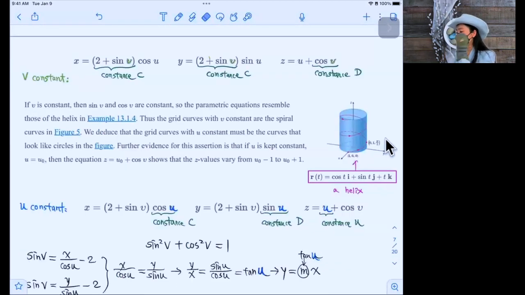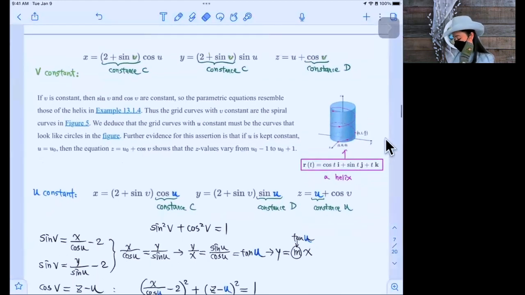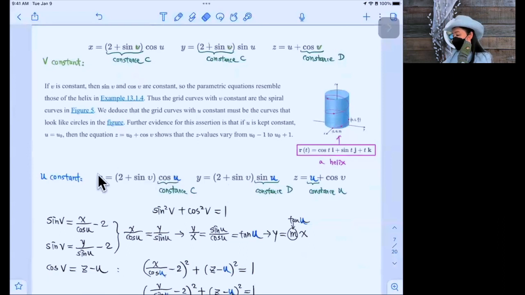And what about u constant? Let's investigate that one. If I have u constant, then this will be constant, this is constant, this is constant. And I notice that I can use the identity sine squared plus cosine squared equals 1 on v.